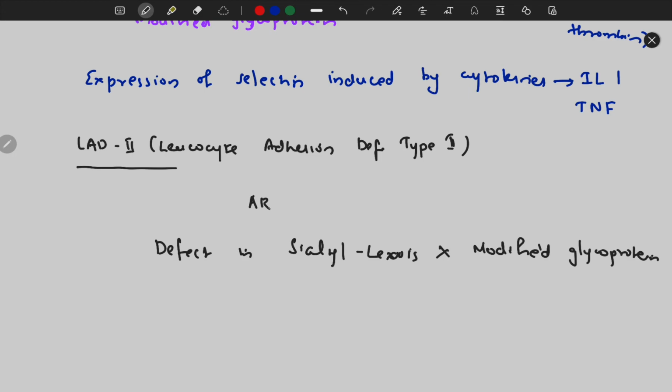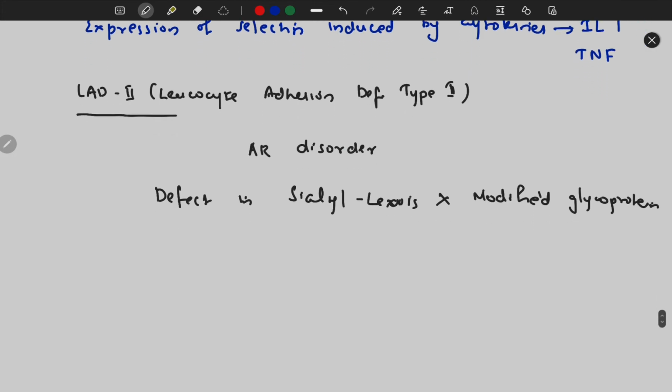It is due to an autosomal recessive disorder. So due to the defect in the Cellular Lewis X modified glycoprotein, there is defect in rolling and adhesion.